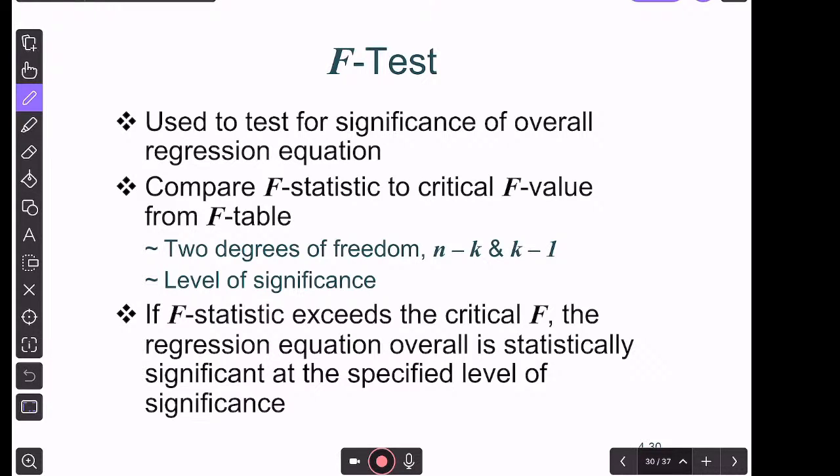You need to use n minus k and k minus 1 to identify. So what you're doing is the same sort of thing, where you're trying to find the critical value. Is your result an outlier? If so, we reject. So critical values, remember, are the threshold to rejecting a null hypothesis. In this case, what's the null hypothesis for the F test?